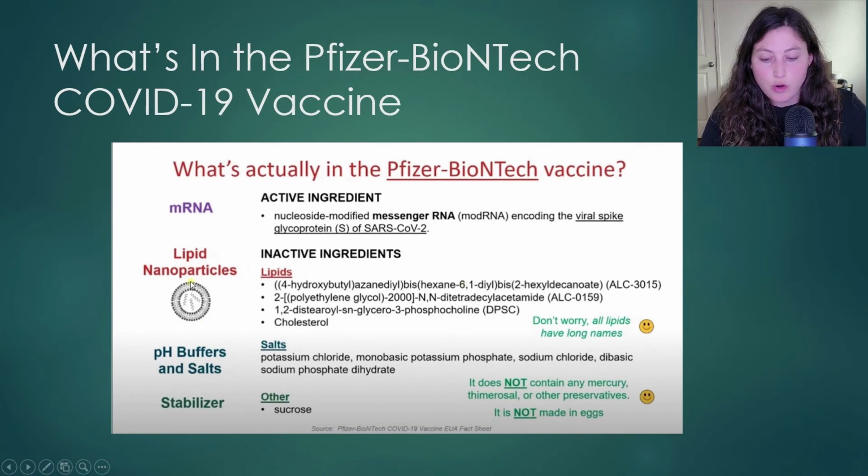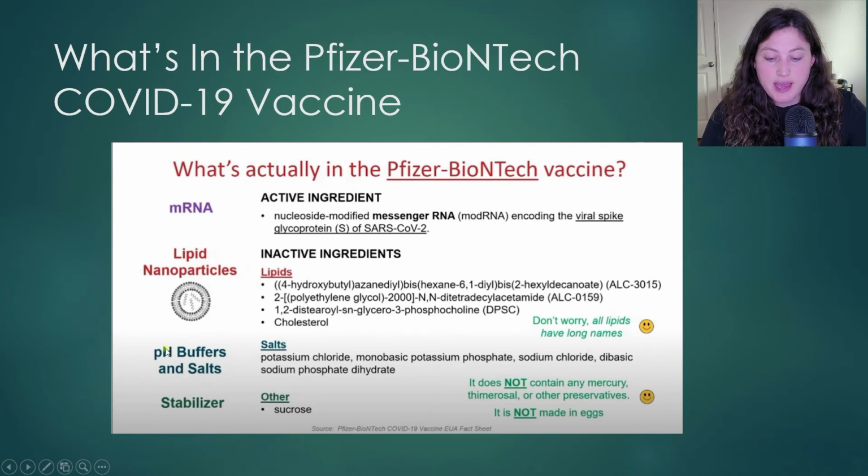So the way that this works is you've got a sphere of oil and you open it up, and inside you put the messenger RNA. Then this lipid nanoparticle is going to merge with the cellular membrane. And when it merges with the cellular membrane, it's going to release the messenger RNA inside of the cell. So the purpose of the lipid nanoparticle is to transport the messenger RNA across the plasma membrane of the cells.